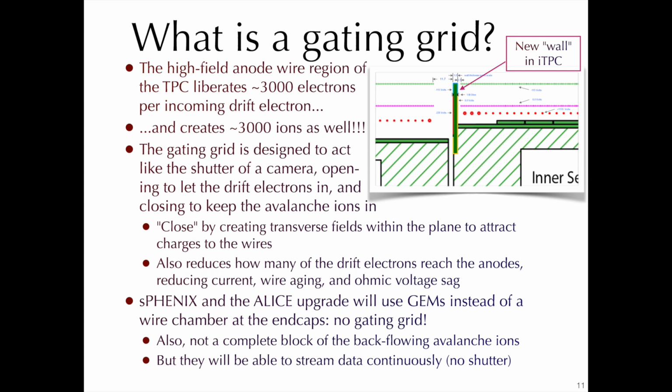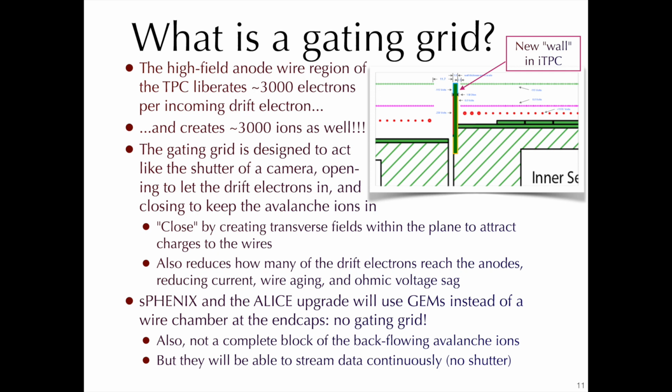So GEMs also are designed to block the ions created through the gain from going back out into the volume of the TPC. However, they aren't as completely blocking as gating grid wires. So, for example, you might get 1 in every 1,000 ions that are created still make it through.